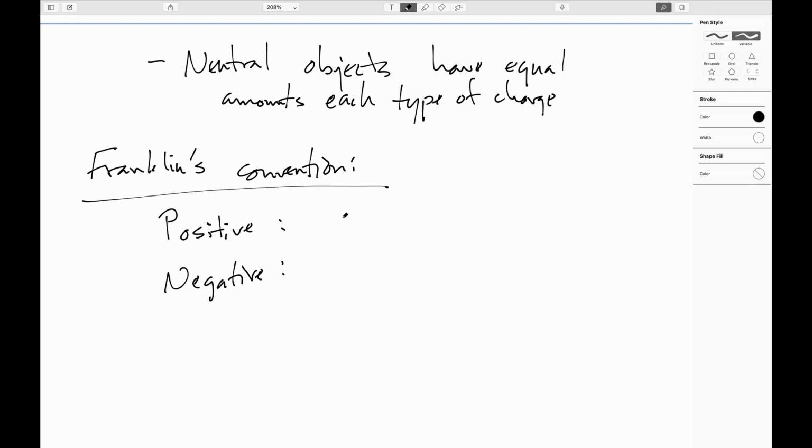So anyway, Franklin's convention: he said if you take a glass rod and you rub it with silk, that charge left on the glass rod would be positive. And it turns out that the charge left behind on the piece of silk is negative because you always make them in equal amounts.